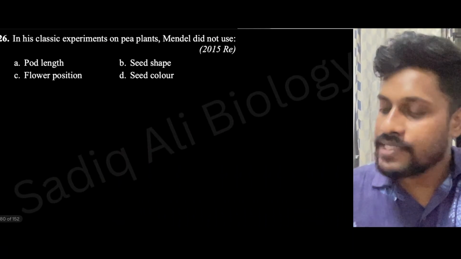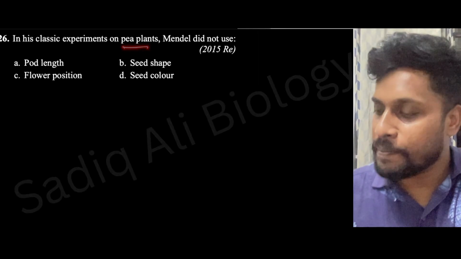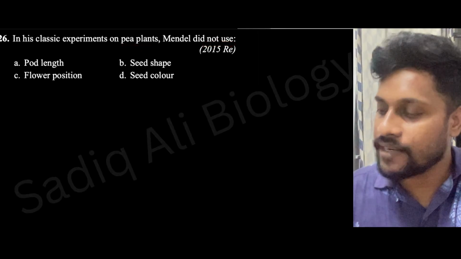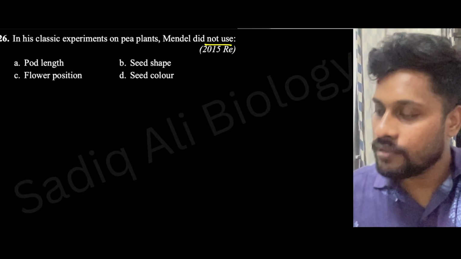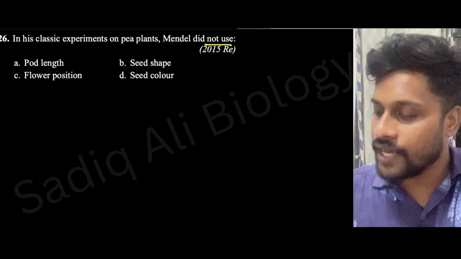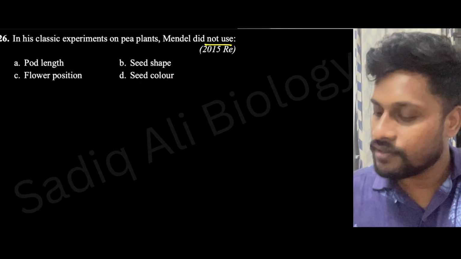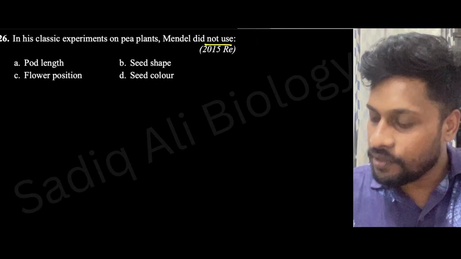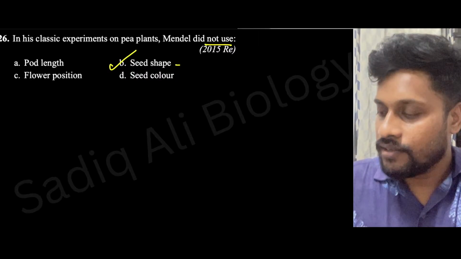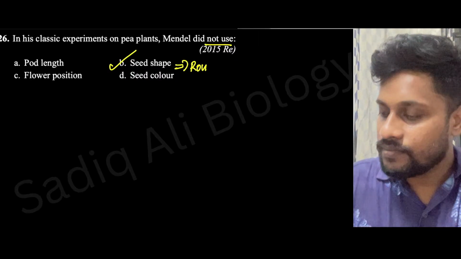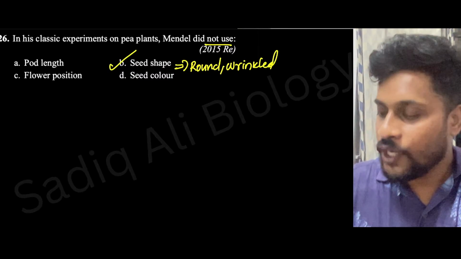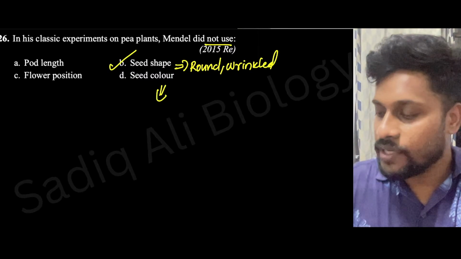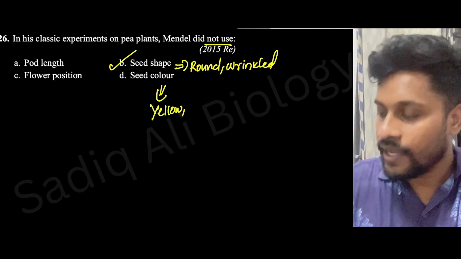Now, in his classic experiments on pea plants, Mendel did not use, guys, underline, did not use pod length, seed shape, flower position, and seed color. What will be the answer? He used seed shape, which means round and wrinkled. He used seed color, which means yellow and green.